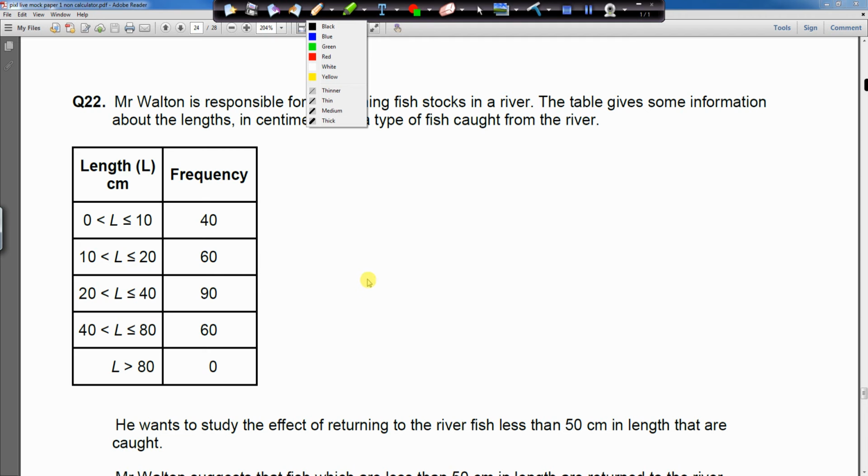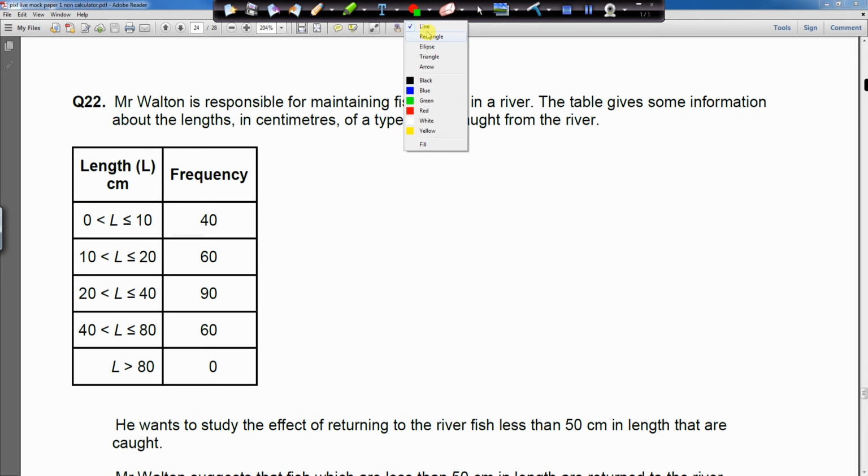I'm going to choose to do a cumulative frequency graph. So I feel that'll be probably one of the easier options here. Right, let's just make a small part of the table. So we've got a rectangle here, and let's go for a blue one.